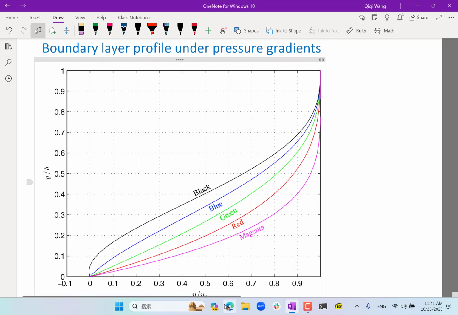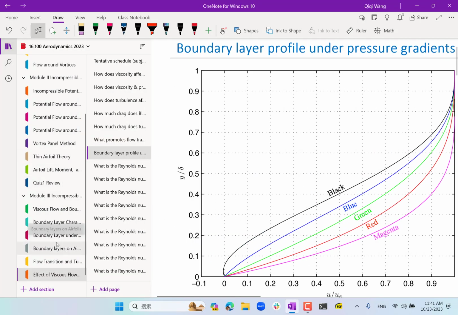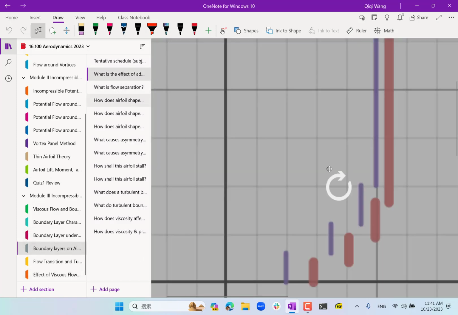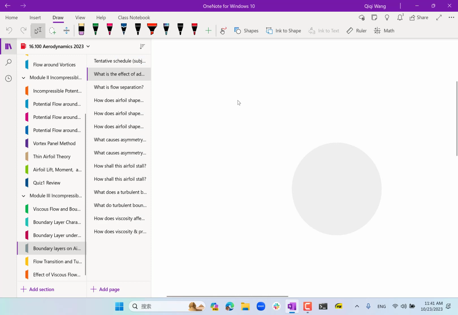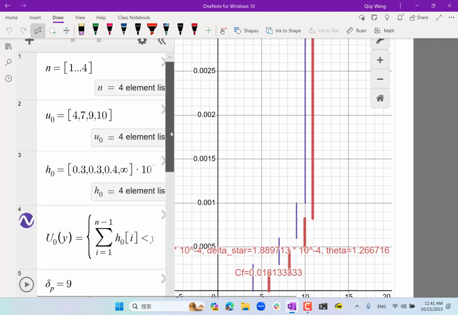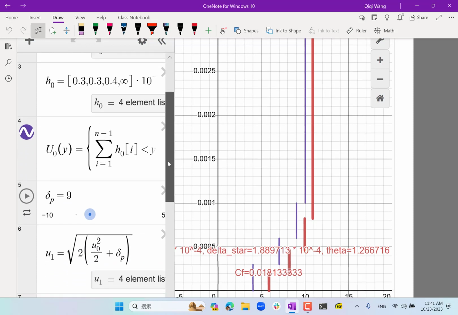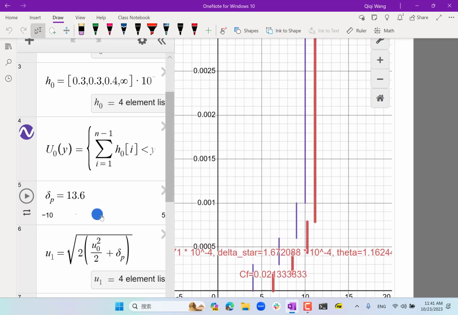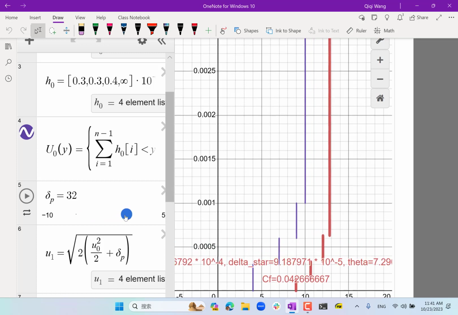If you don't remember, we can take a look at the demo we did some time ago. We can change the pressure gradient. Initially the boundary layer profile is the purple one. As we make it more and more favorable, the profile becomes more like this.